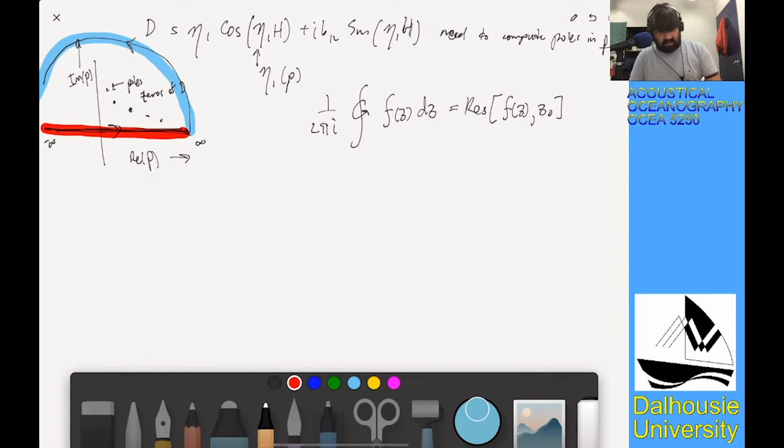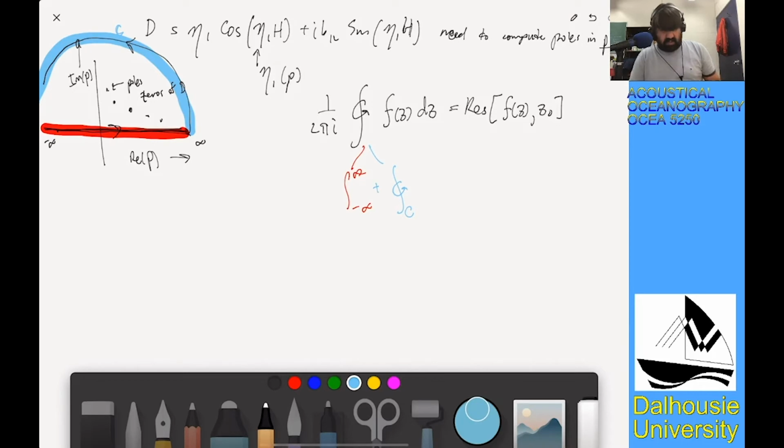And if you think about this integral, the first piece is going to be just that, and then the second piece is going to be a little bit more complicated because it's along some contour C, right?